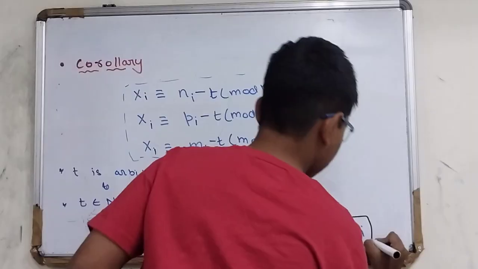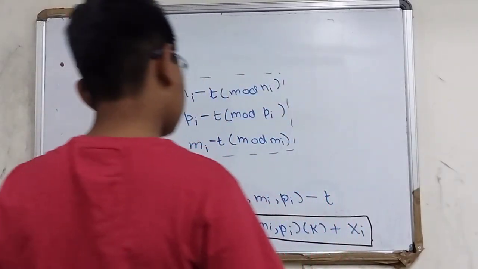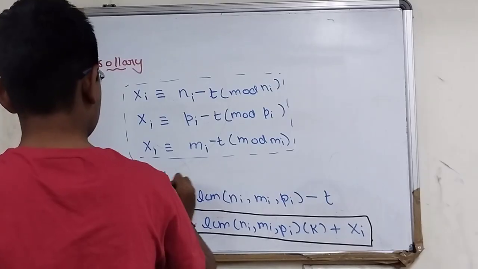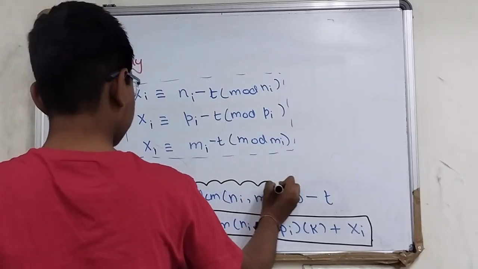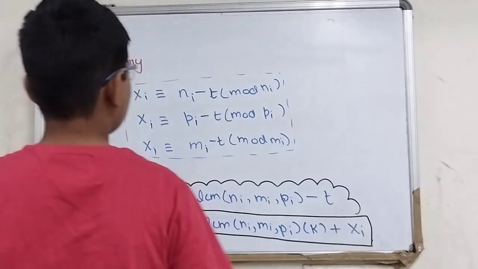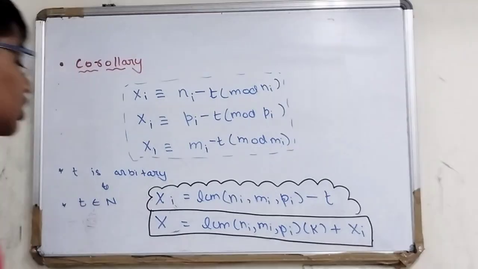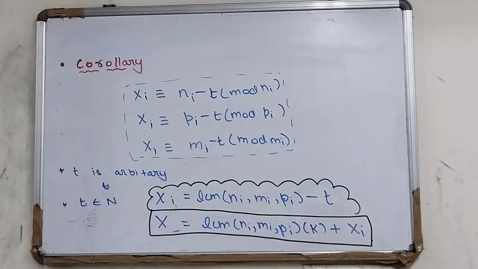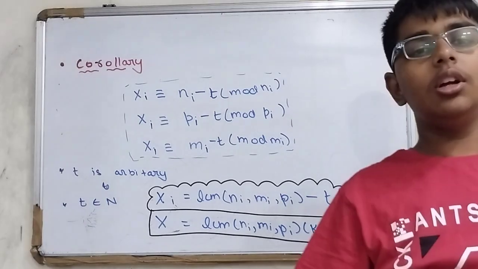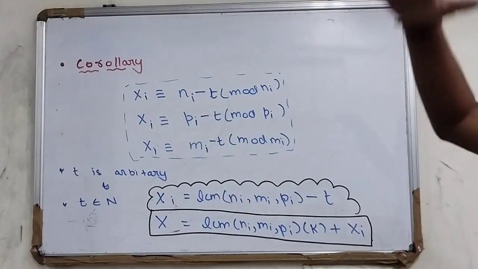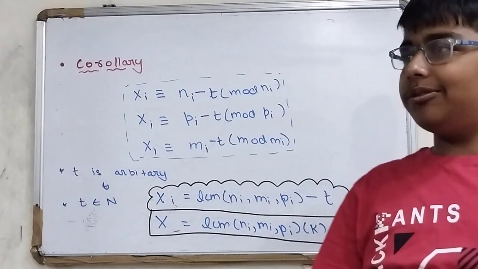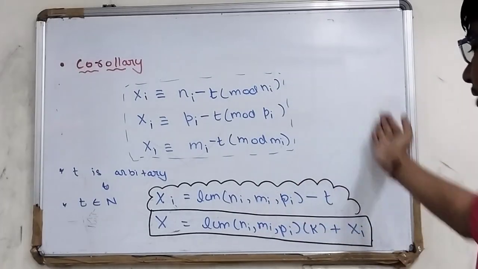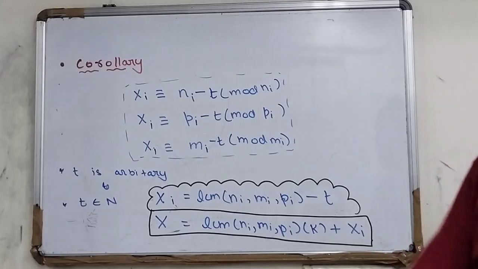So this is a formula for solving such types of equations, CRTs. That is why this is known as a corollary, an extension to the theorem, so that instead of solving it in a long format, you just do this and then you get the answer, and then you can find any solution of it. So this is my corollary.